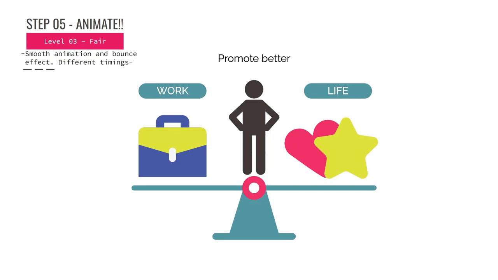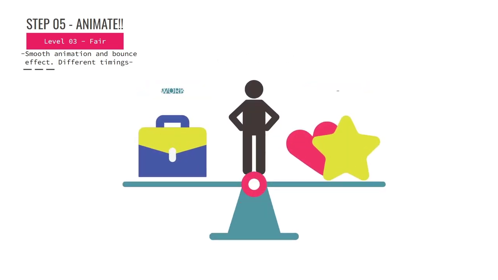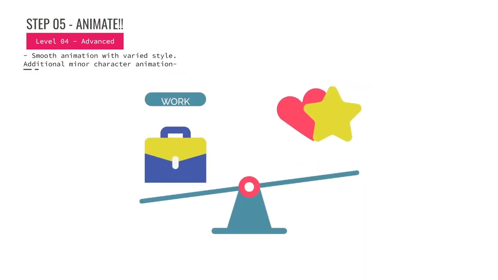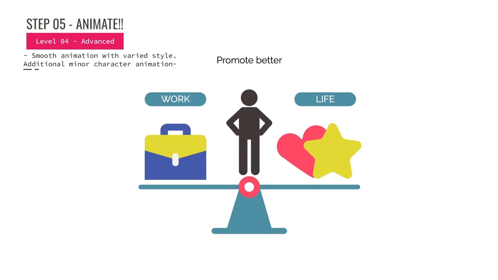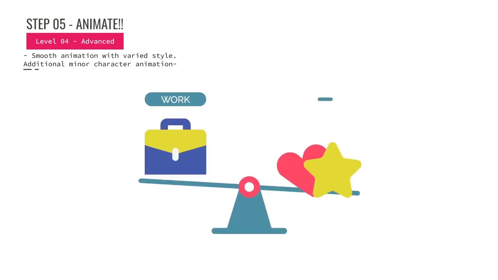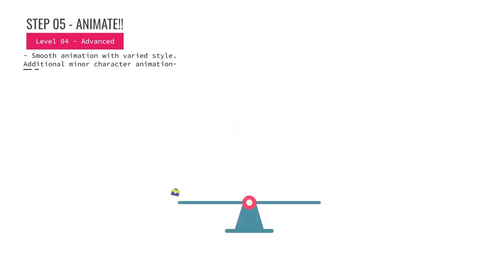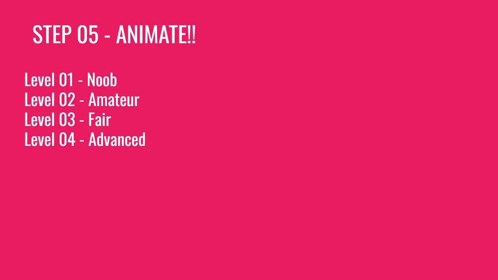So this one is level 3, and then the advanced level is where they start to create entertainment for the viewer. You can see that the seesaw and the character are falling down.